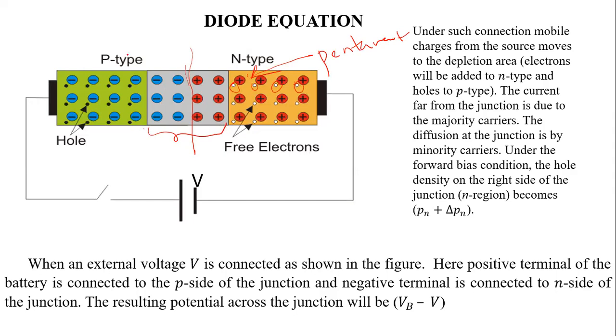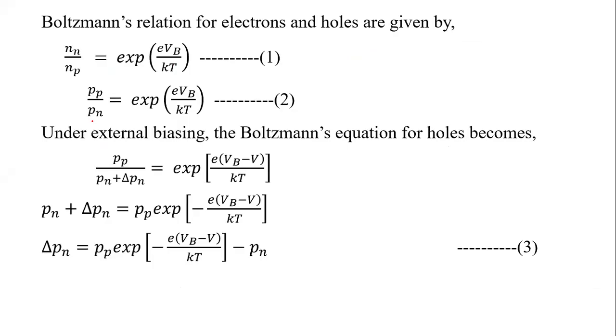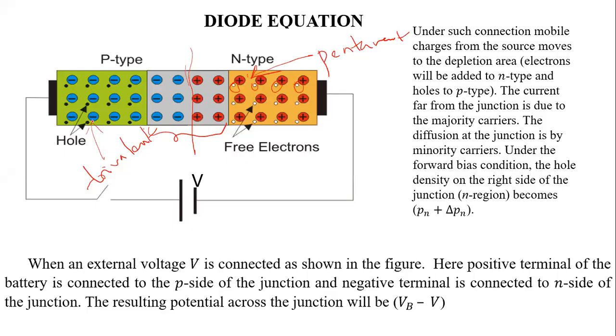And on the p side, for every trivalent atom there are associated holes. Trivalent atoms are associated with holes, and they can accept free electrons from the n side.